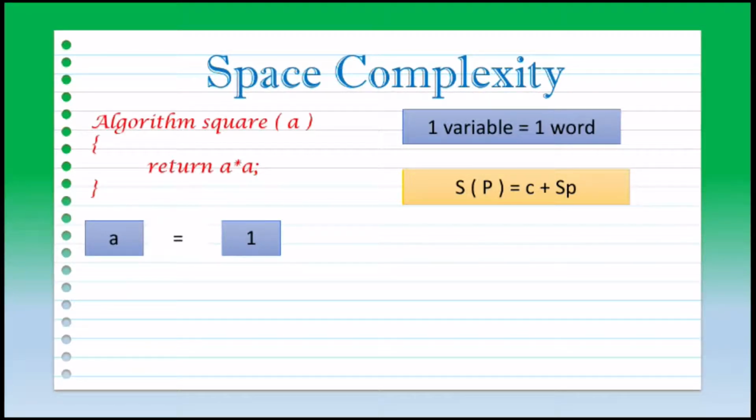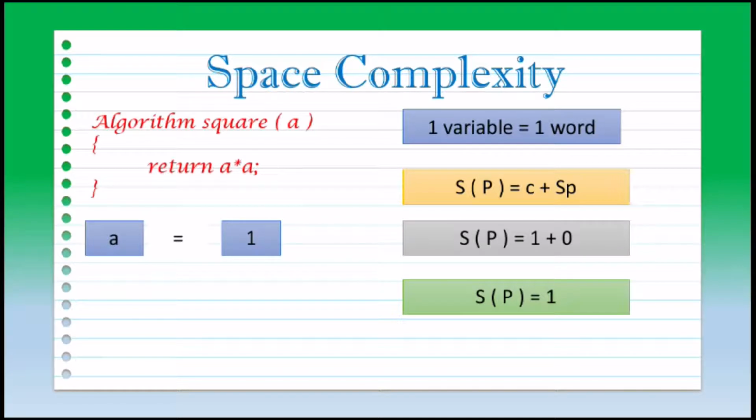As per the given formula, there is only one constant value and S_P remains 0. So S(P) = 1 + 0, where C is 1 and S_P is 0. So S(P) is equal to 1. The space complexity for this algorithm is 1. In this way, we can calculate space complexity.